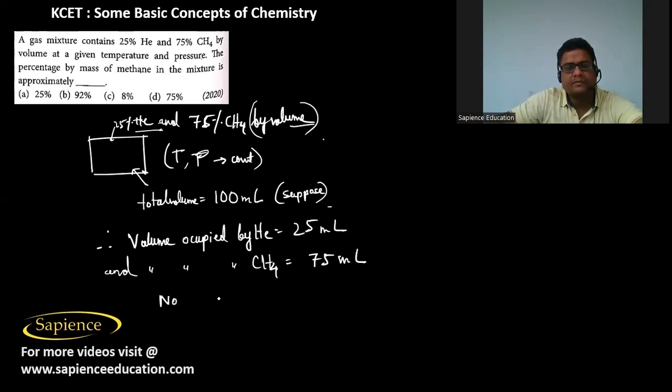Now, therefore, we know that PV equals nRT. Here pressure and temperature are kept constant. So volume is proportional to n.